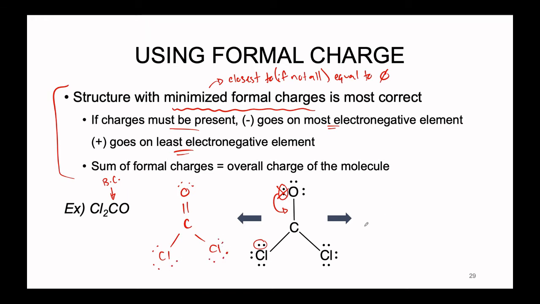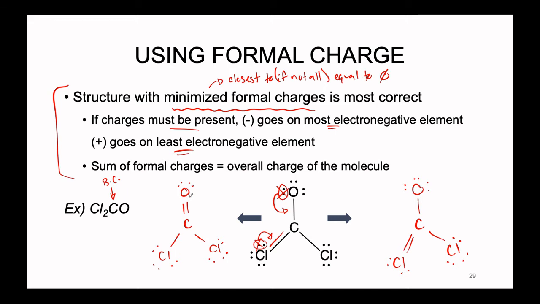Our second option, if we take the lone pair from chlorine and move that in instead, is going to look like our structure on the right. So the single bond is still present between the oxygen and the carbon in the middle. We now have a double bond to the chlorine down below on the left, and a single bond to the chlorine here on the right.